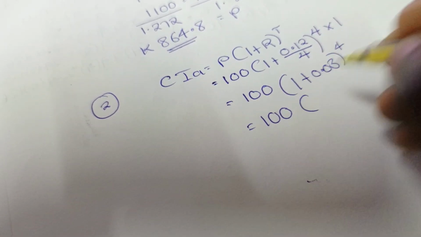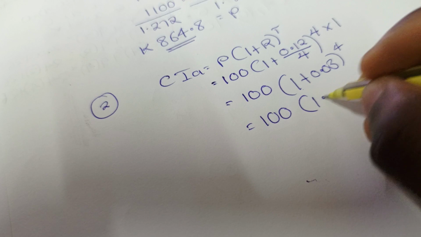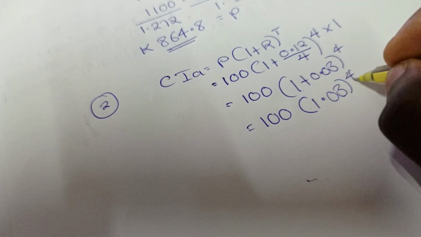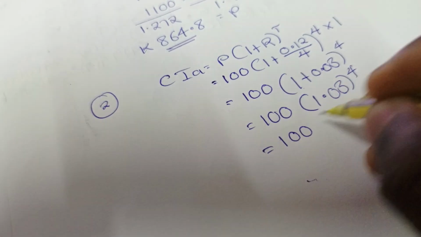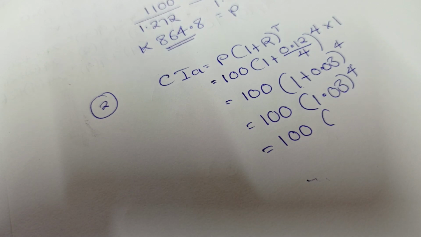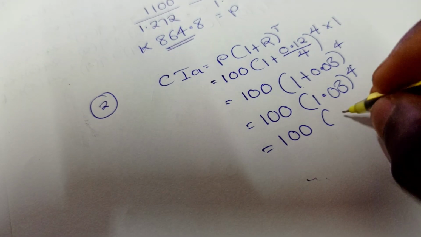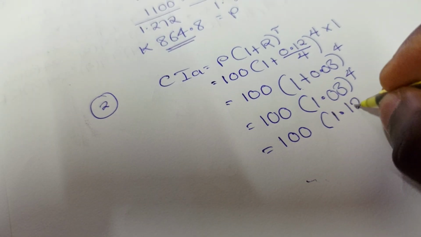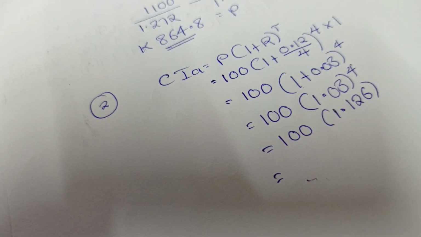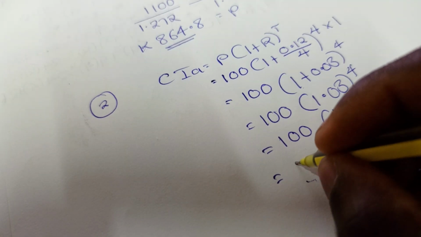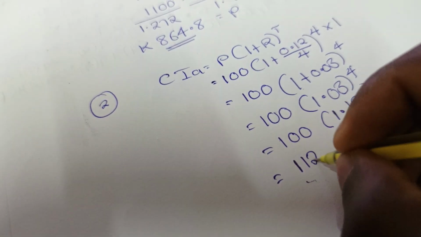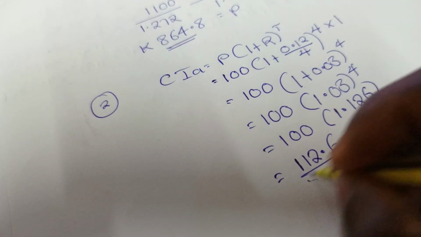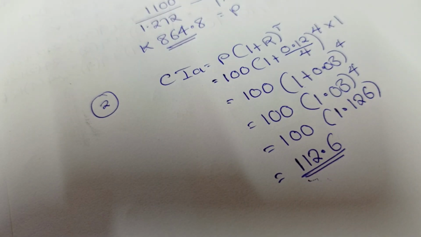When we add here, it gives us 1.03 to the power 4, which is 1.126. Then we multiply 1.126 by 100, which gives us 112.6. So this is the accrued amount.